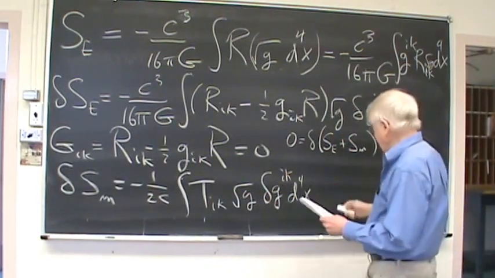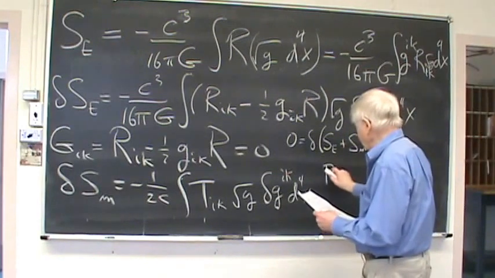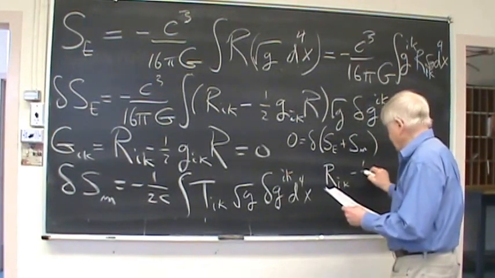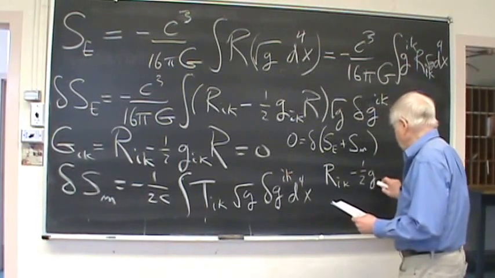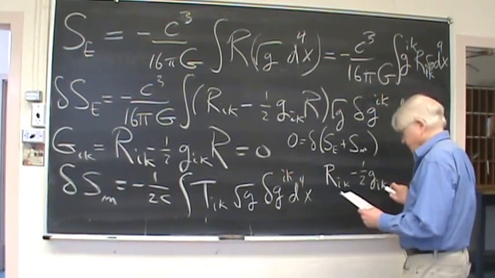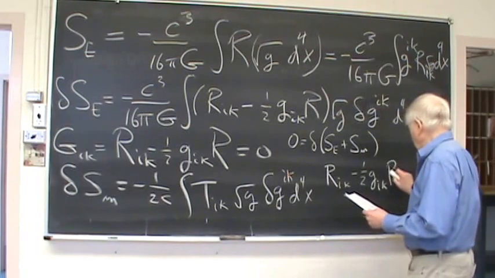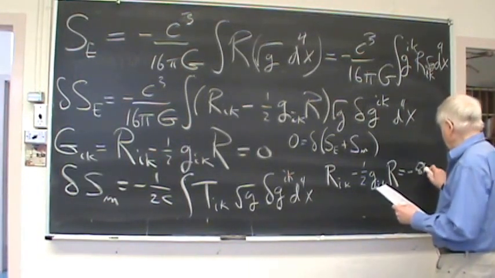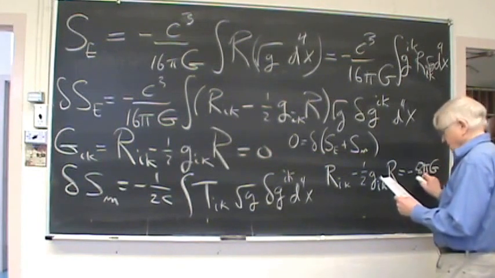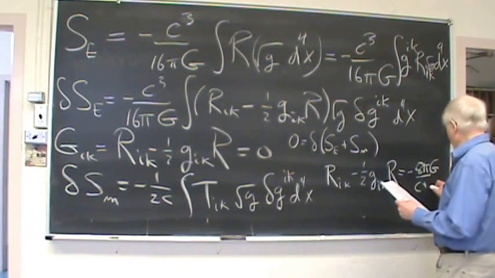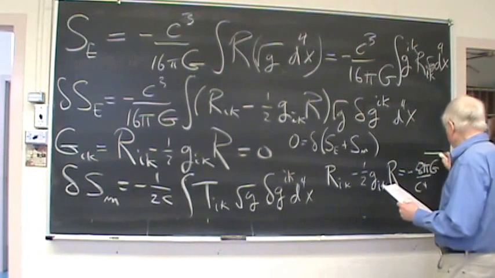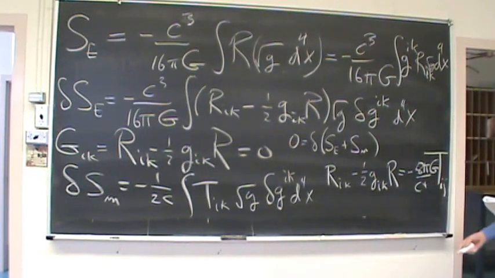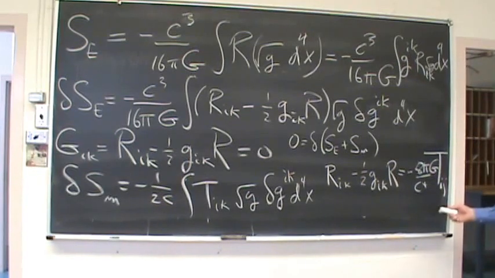And so then what you get is the equation we had before, namely Rik minus a half Gik R is equal to minus 8 pi big G over c to the 4th Tij.